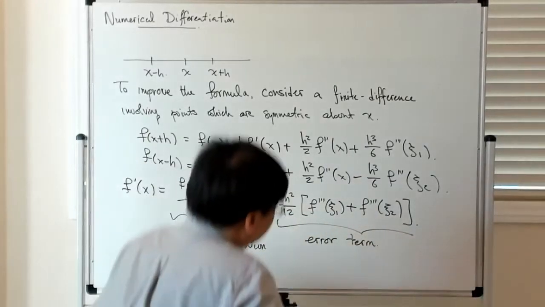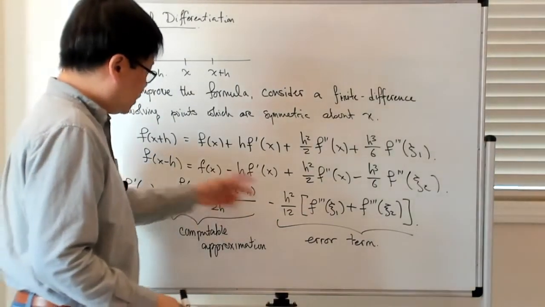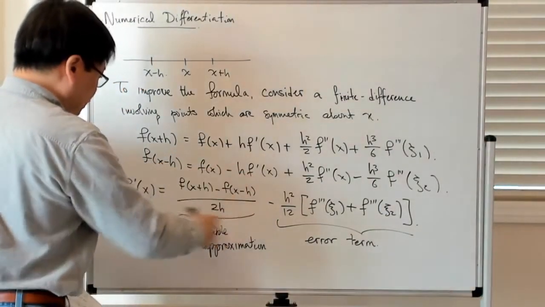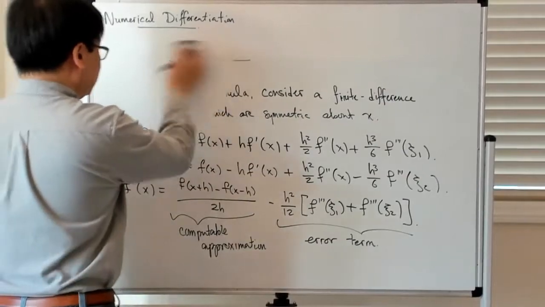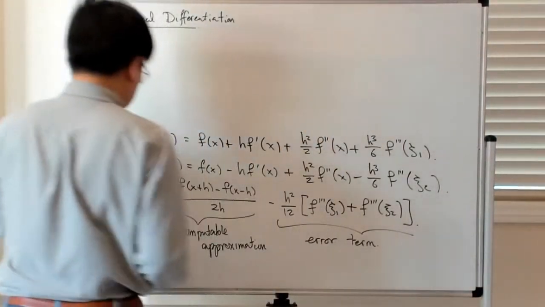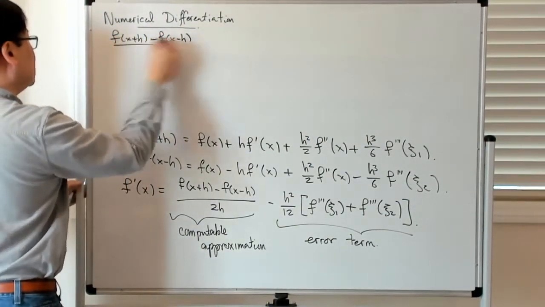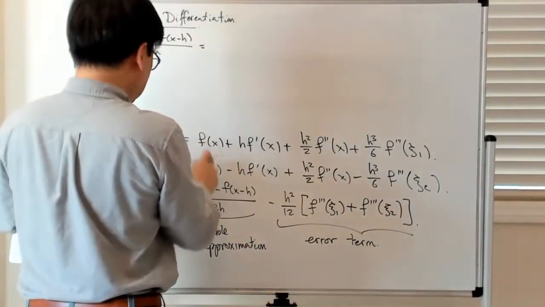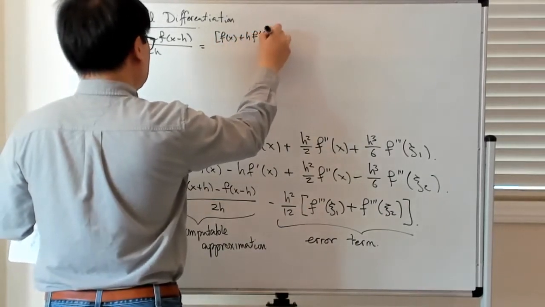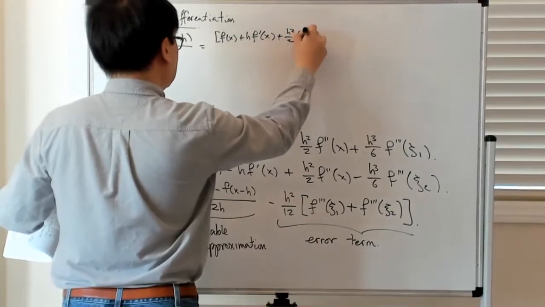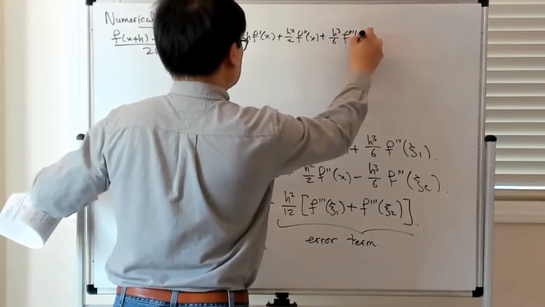And you could see what you need to do. You can compute the error term by computing what this looks like. So maybe let's try to work through that. It's not so difficult. So you have f of x plus h minus f of x minus h over 2h is equal to, let's just look at these expressions. So this is f of x plus h f prime of x plus h squared over 2 f double prime of x plus h cubed over 6 f triple prime at c1.